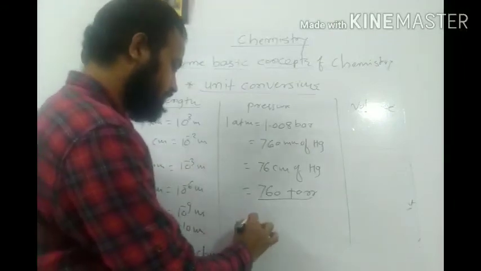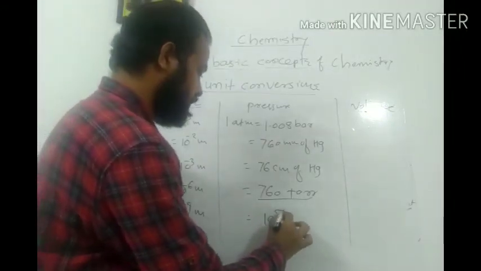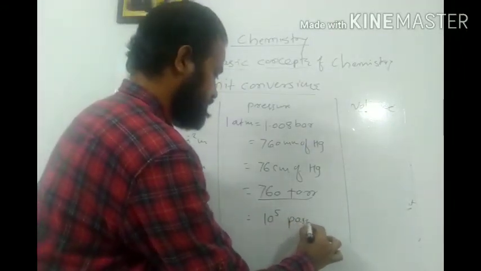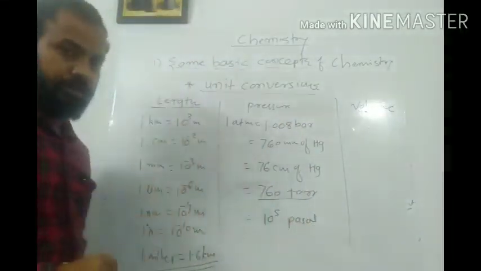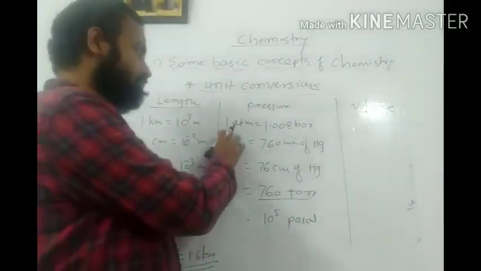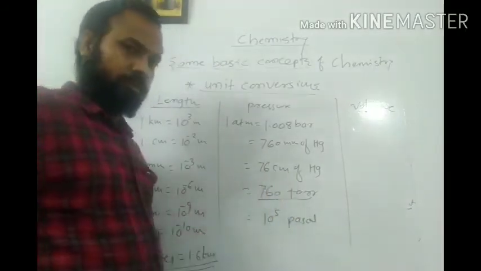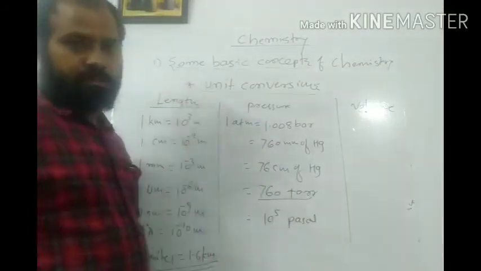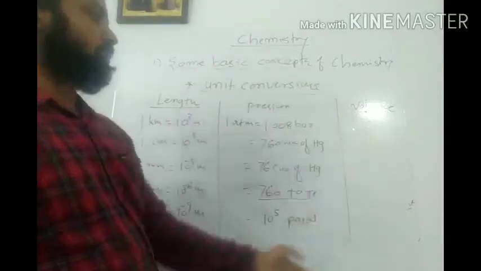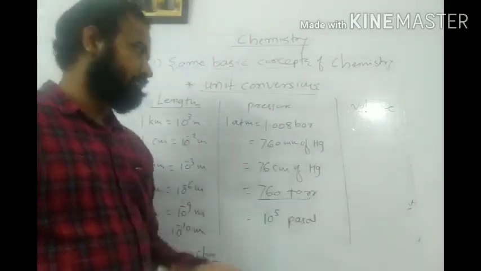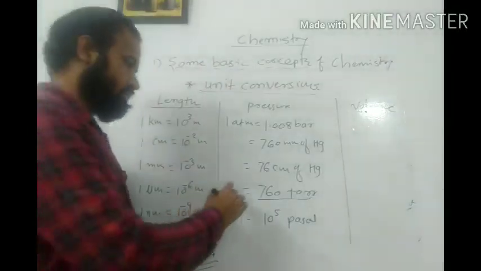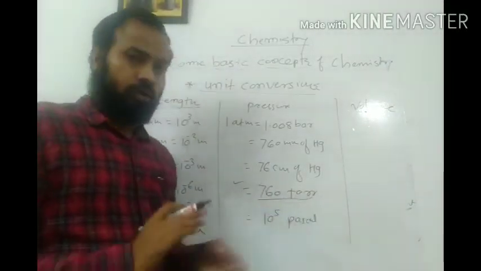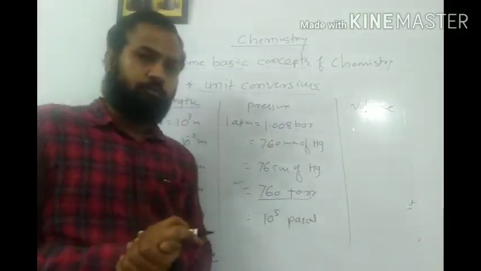Then the most common unit is Pascal: 1 atmospheric pressure is equal to 10 raised to 5 Pascal. So in that way you can measure the pressure, and if you know the unit conversions, you can easily solve problems based on such units. This is important again: 760 torr is equal to 1 atmospheric pressure.